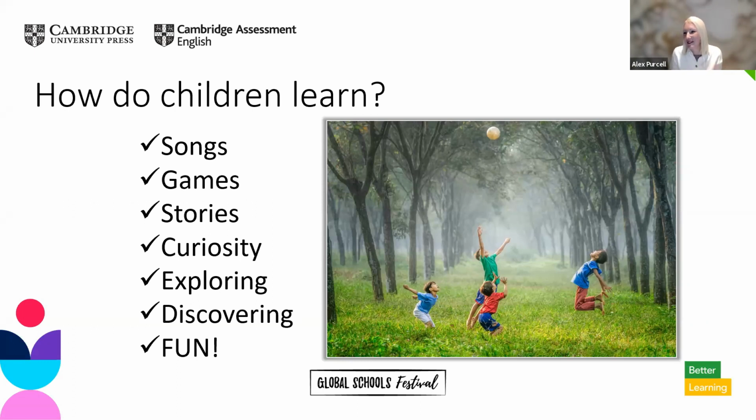I think we all know children learn through play, through fun, through enjoying themselves. And that's the thing that we see integrated into lots of course materials as well. The thing is, considering the difference between the physical, face-to-face classroom and the digital online environment, we're talking about not entirely different things, but there are certainly different factors to take into account.